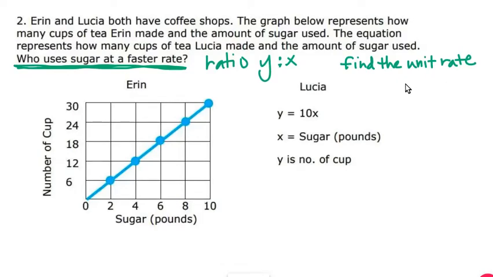And with the unit rate, remember, it's a ratio where the second number is always 1. So if I look at my ratio, I would need to make the x be 1. X is our sugar.